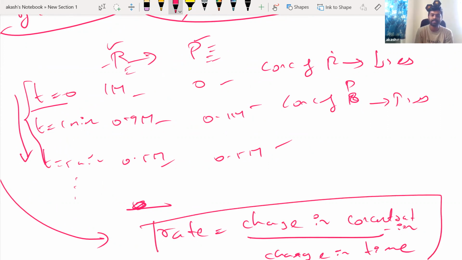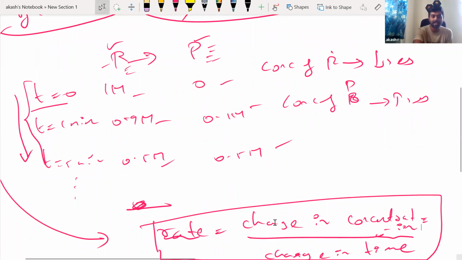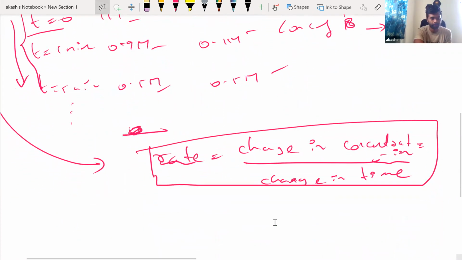This is the quantity we are referring to. When I say rate of a chemical reaction in chemistry, we are always going to say change in concentration by change in time.